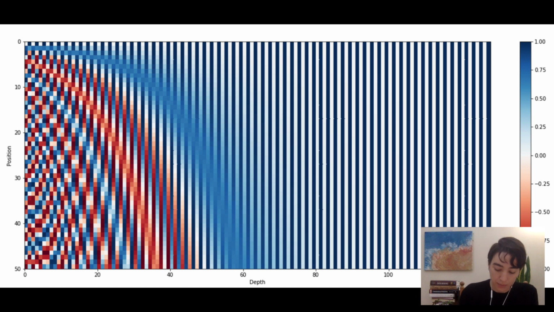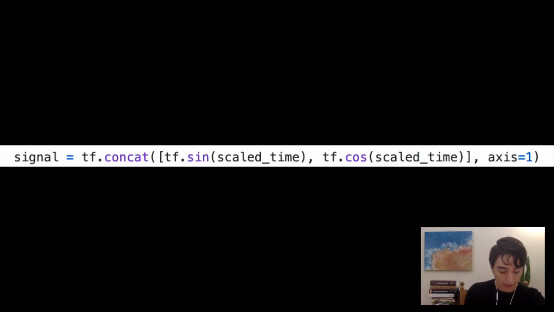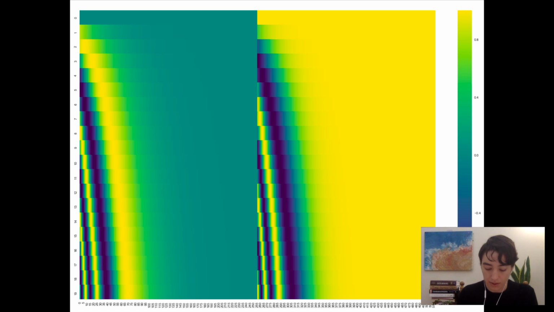However, Jay Alammar dug into it, and in the Google code, we can see that sine comes first and then cosine, and the graph of it here shows that for the first half of each word embedding, they use a function that uses sine for position embedding. And for the second half of each word vector, they use the function that is based on cosine.